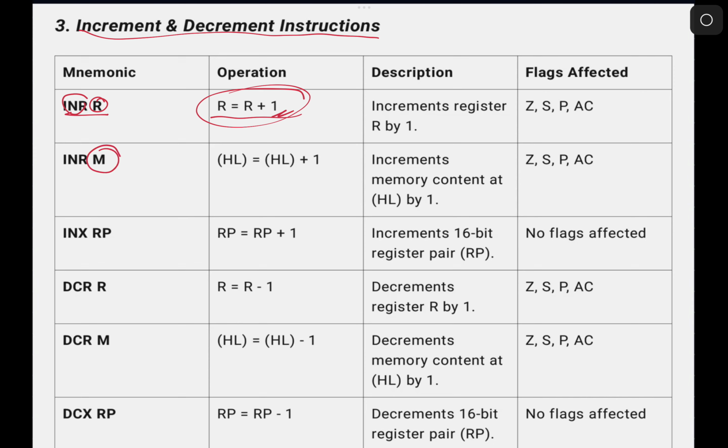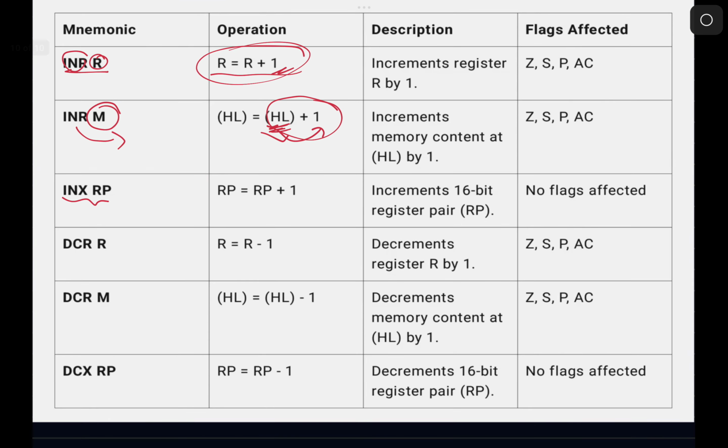Increment M means increment the content of the memory location which is pointed by the HL pair by 1. Okay. Likewise, we have this INX RP.